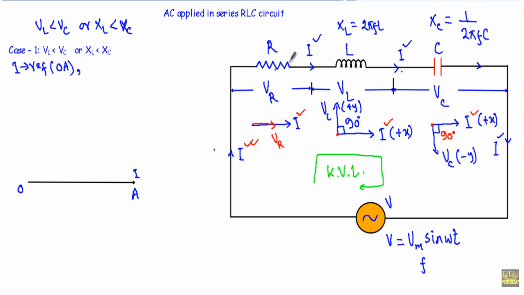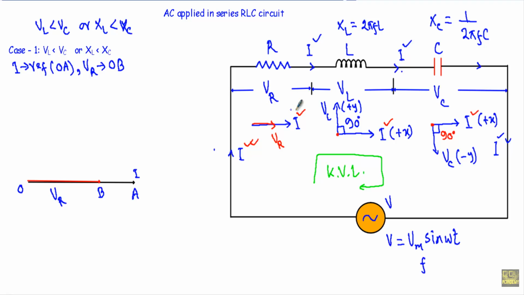Now look at this resistor R. The voltage across this resistor VR and the current through that resistor I are going in the same direction. So because they are in phase, I will take VR in the same direction as our phasor current I, and I will denote that phasor with OB. So this will be our OB. The voltage VR equal to IR.